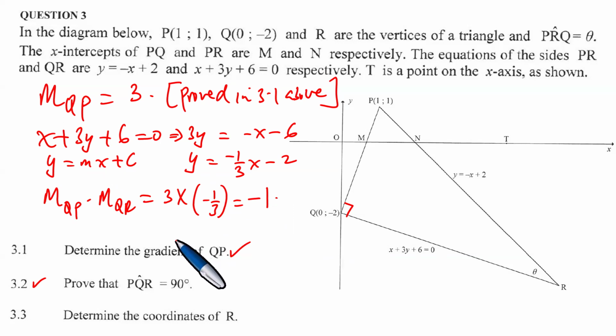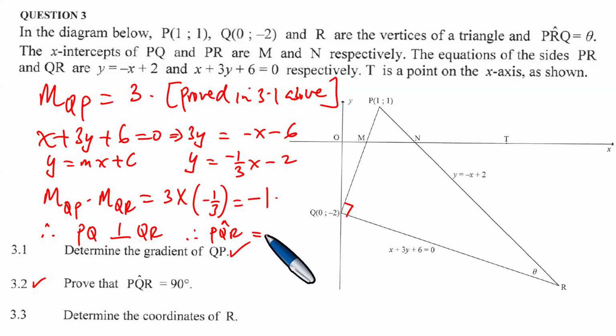Because the product of the gradients is minus 1, the conclusion is that PQ is perpendicular to QR. And therefore, angle PQR is equal to 90 degrees.